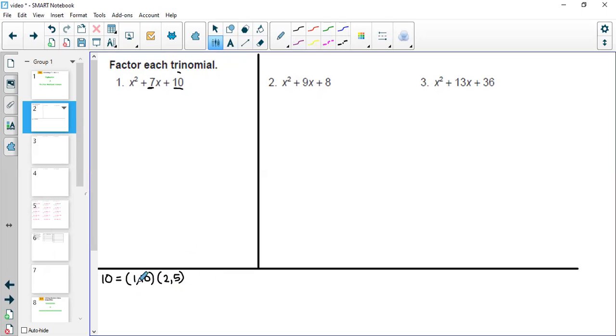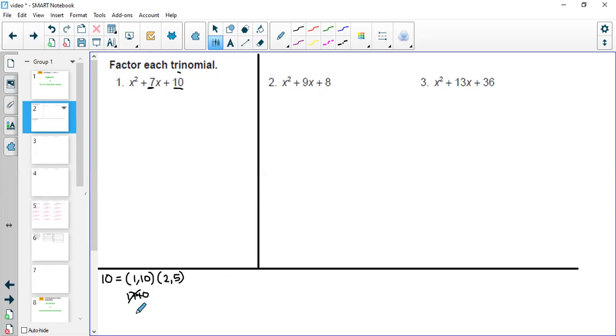Now from these pairs of factors, I need to choose the pair which would give me a 7 if I add. So which pair of factors would give you a 7 if you add? 1 plus 10, would that give me a 7? No, right? If I add 1 plus 10, that's not going to give me a 7.